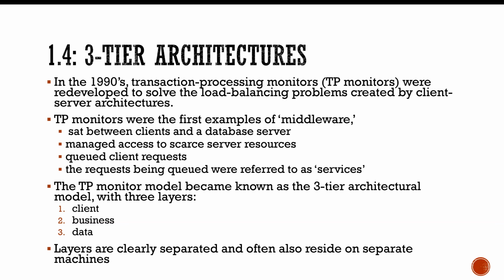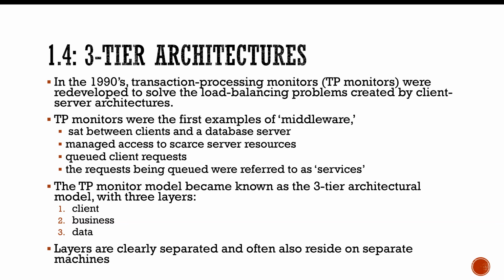If you're talking about the OSI 7-layer reference model, the application layer and the presentation layer were interchanged. If you're talking about a 3-tier model, the application layer is typically the second layer, the business layer of the 3-tier architecture. And then the bottom layer is the data, which is stored on a database server.